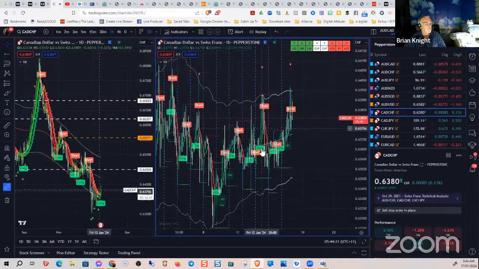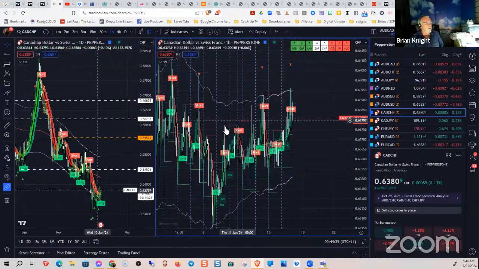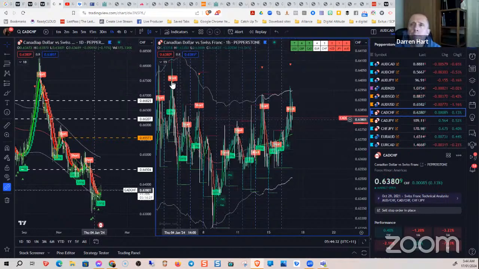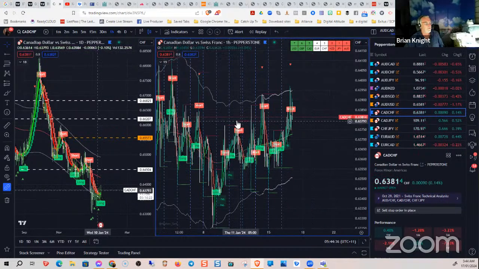Yeah, no, it's only pulling back to sort of the start of the... Okay, if you see the pullbacks, they're all sort of occurring around the same time of the day. See that?